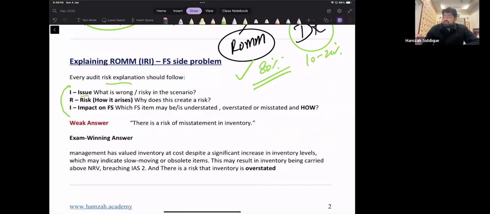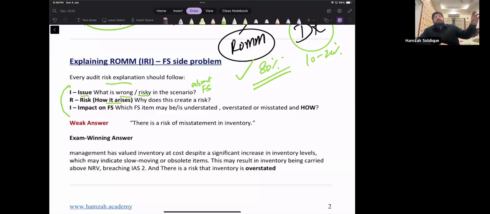First, the issue from the scenario. What is risky or wrong in the scenario about financial statements? From where some misstatement may arise. Second, the risk: how it arises, why. You need to explain.